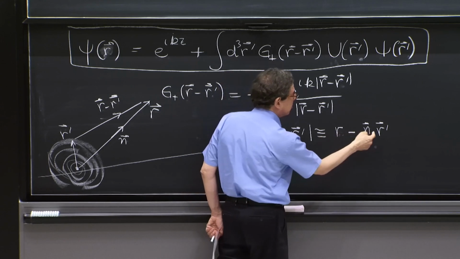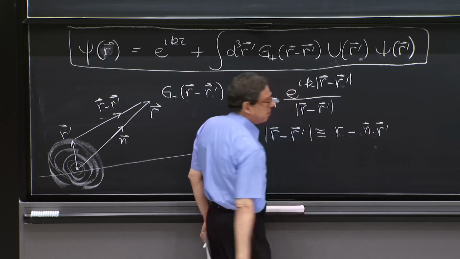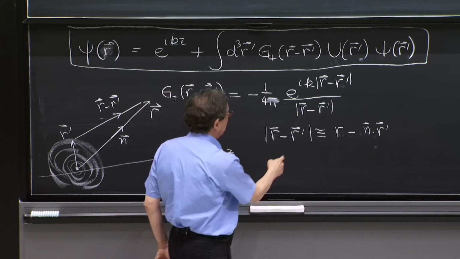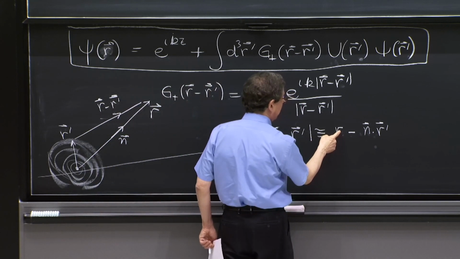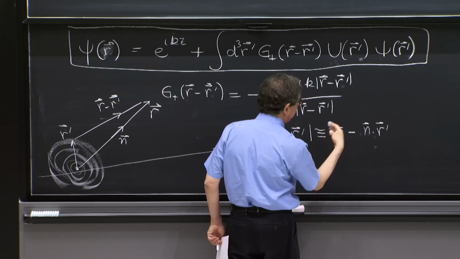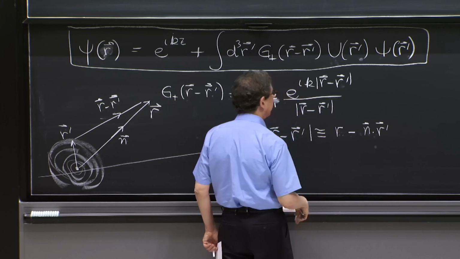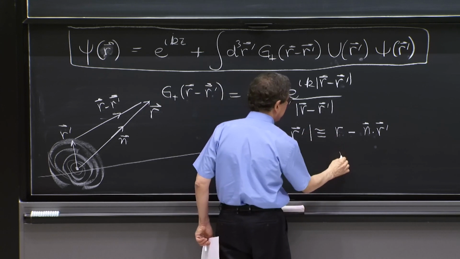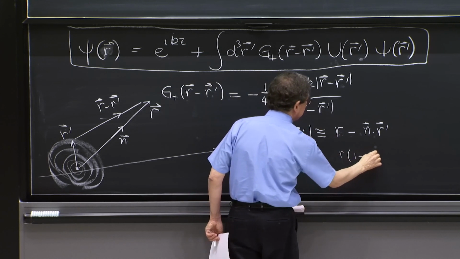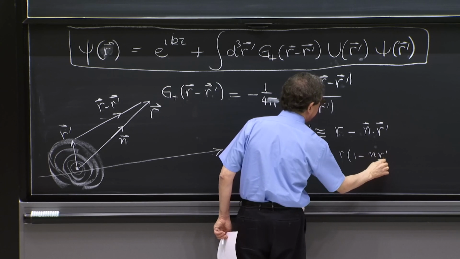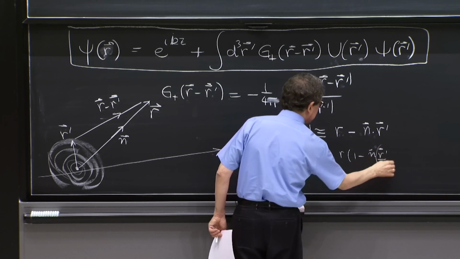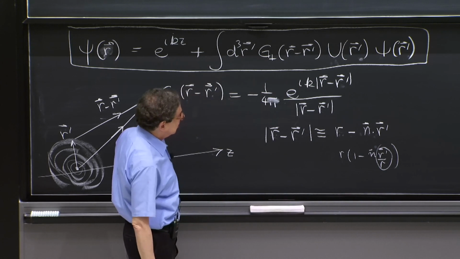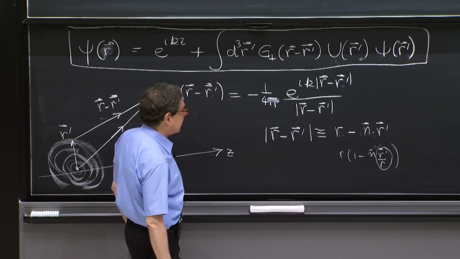To next approximation comes this term, because that term is suppressed with respect to the original term by a factor of r prime over r. So if you factored, for example, the r here, you would say 1 minus n dot r prime over r. So you see that this ratio enters here, which says that the second term is smaller by this factor.